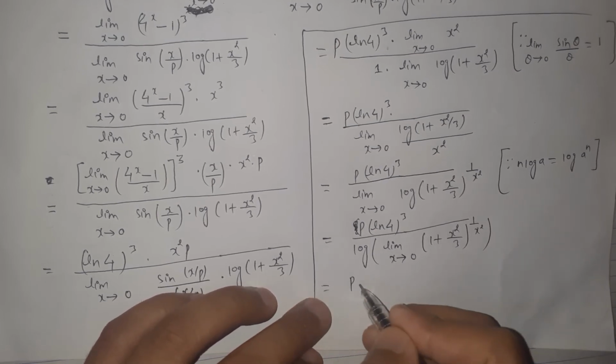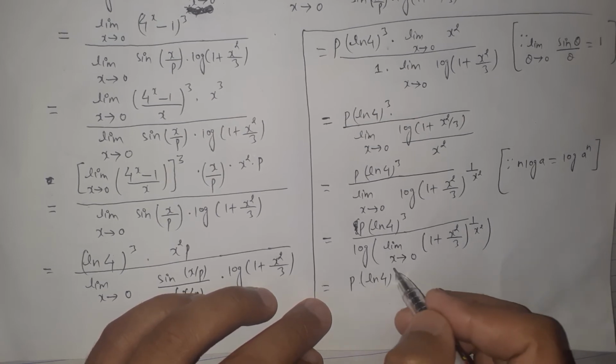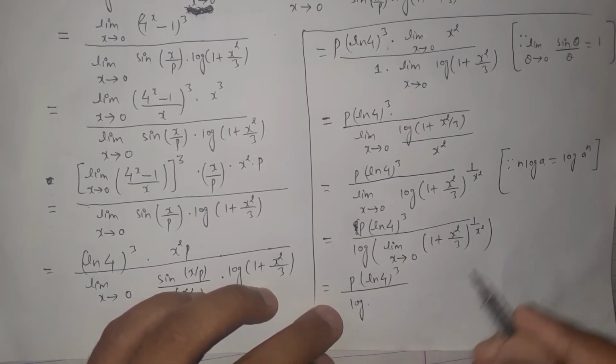I will share the link of that video in the description, then you will be very clear. And let's write p times ln of 4 to the power 3 over, here in the denominator, log, and here is the form.